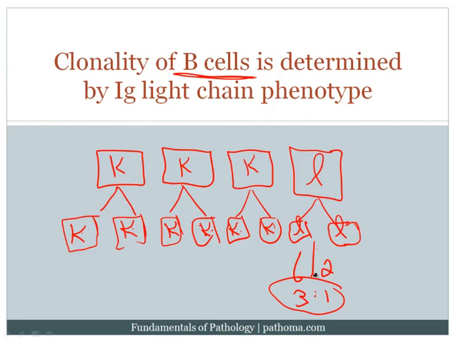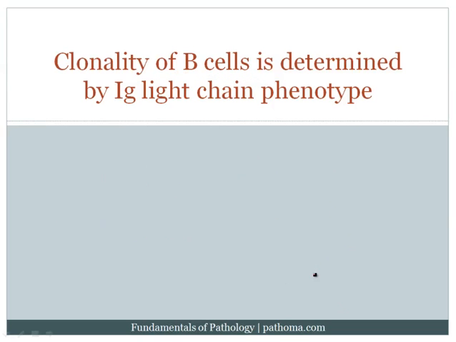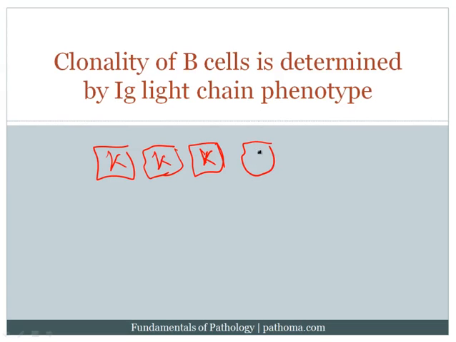Now let's take the other extreme, and I'm going to go ahead and erase this. Let's take another extreme where a patient has a lymph node, and the lymph node is basically kappa, 3 kappas, as we've already explained. The normal ratio is 3:1 and 1 lambda. And then let's pretend that the patient gets a neoplastic proliferation.